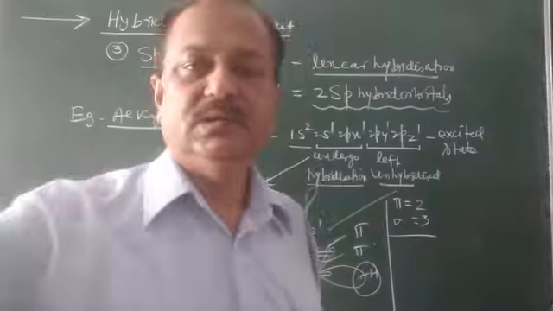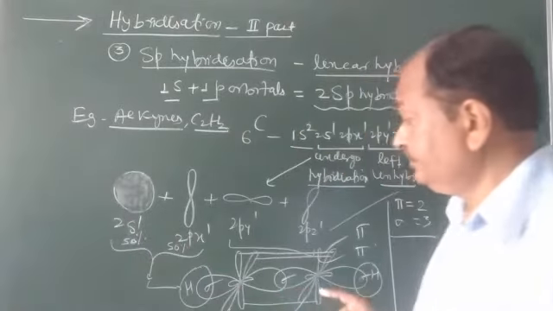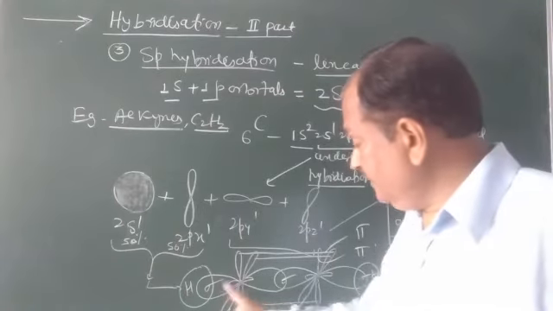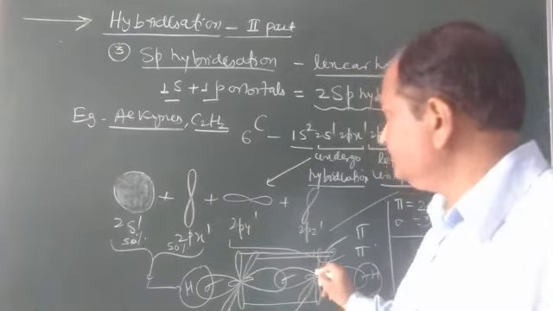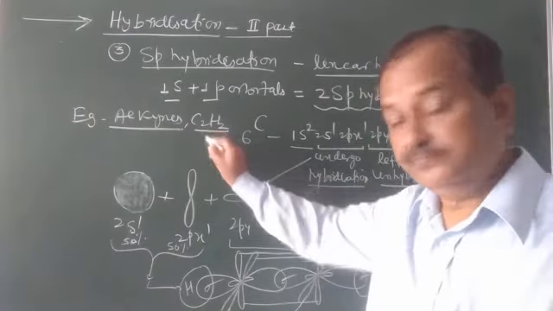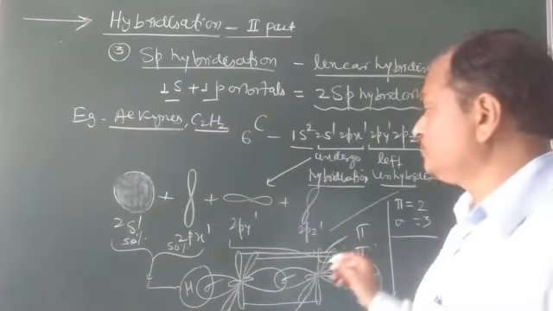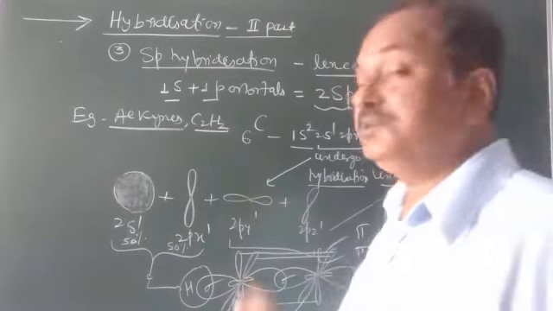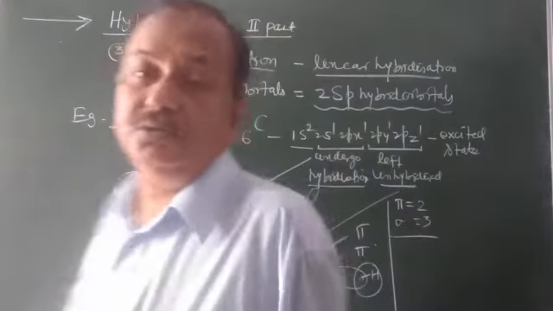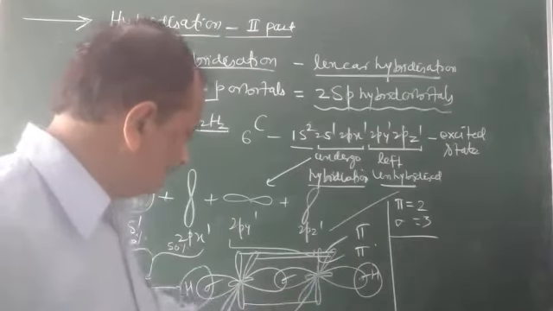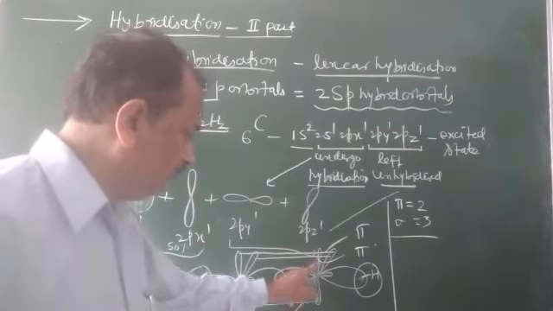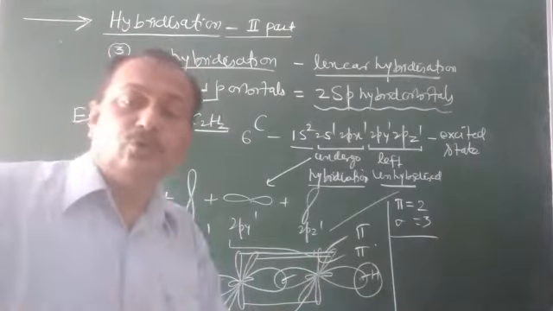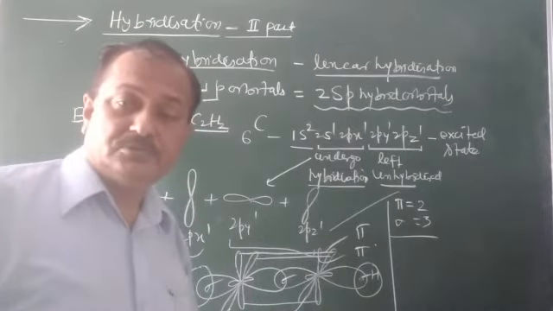Now another point to keep in mind, children. This is one carbon and the other carbon; it is actually C2H2, so there will be a triple bond between the two. This is one lobe, this is the other lobe, so there are two lobes on two sides.